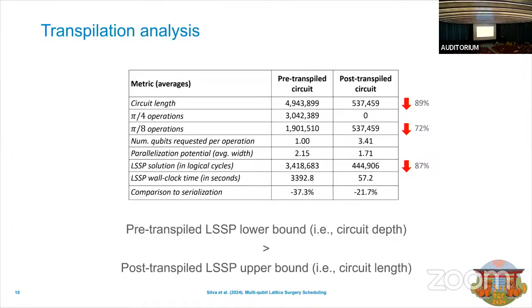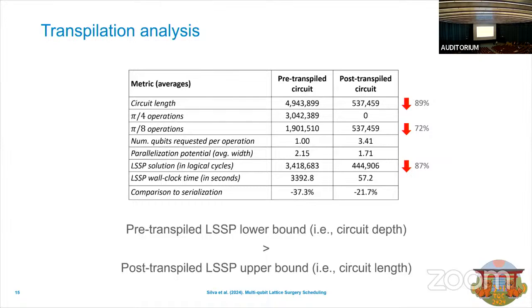In the pre-transpiled circuit, comparing this solution here, the number of logical cycles, to the circuit length, we could still parallelize approximately 37% of the operations. And even after transpilation, we could still parallelize 21% of the operations.